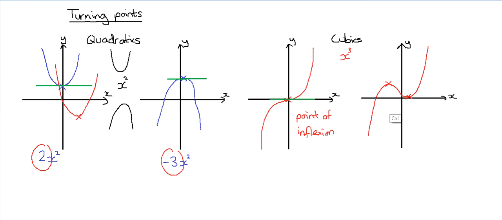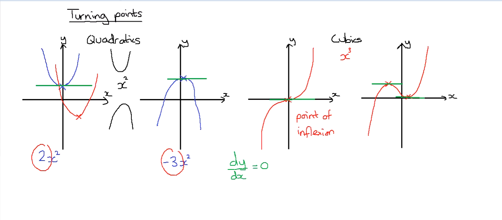Let me do that again. There we go. So this is all to do with when we find our derivative, we're going to put our derivative equal to 0. Okay, so that will give us the location of where the gradient is equal to 0.